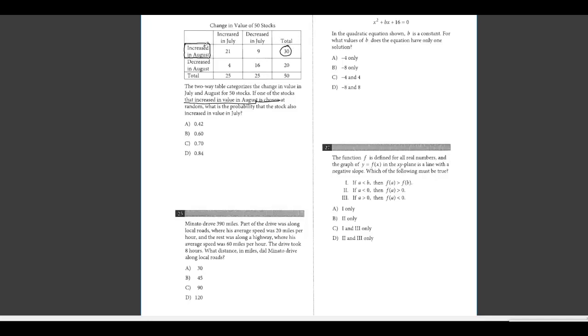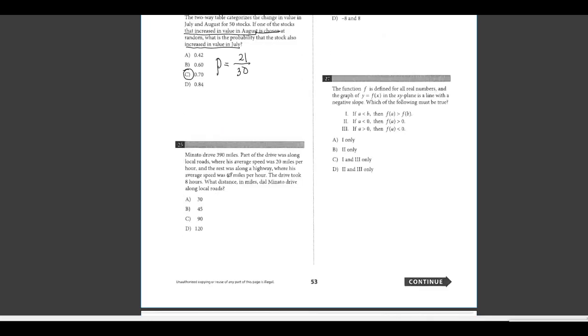Increased in August, the total is 30. We choose something out of this 30. So what is the probability the stock also increased in July? In July, out of this one, only 21, right? So it will be 21 over 30, that's the probability. That's the answer. In decimal, it's going to be 0.7.